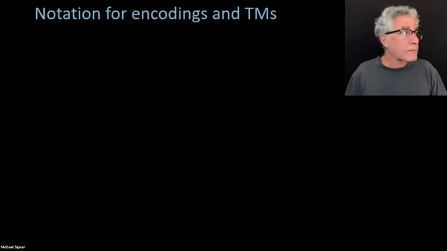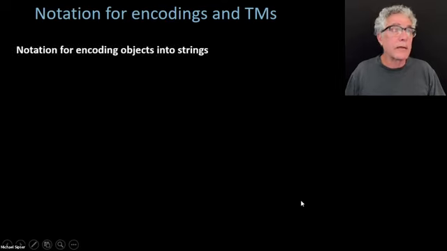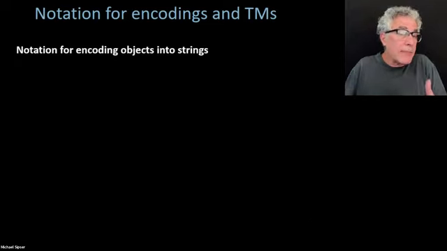Okay, now let's talk a little bit about encodings for Turing machines. We're now going to be working with Turing machines going forward. The input to those Turing machines might be polynomials, might be strings. They might be other things too.